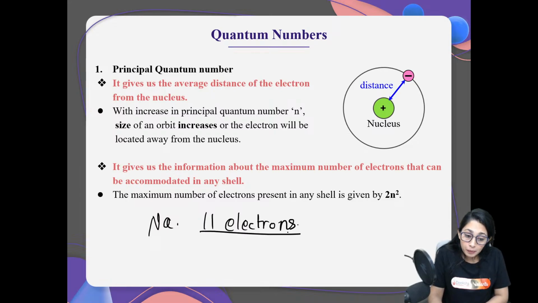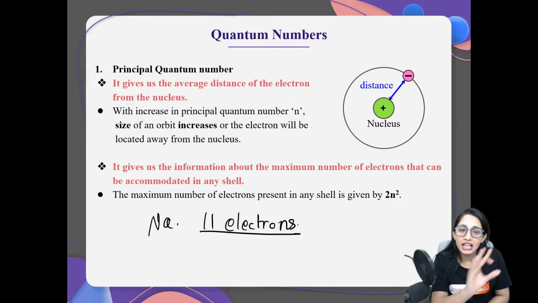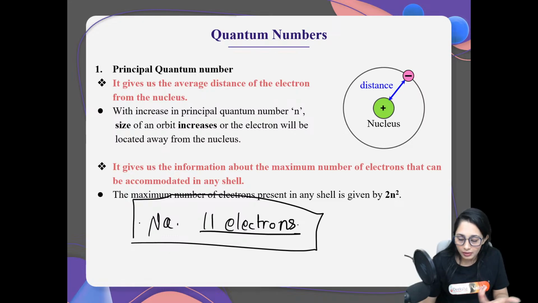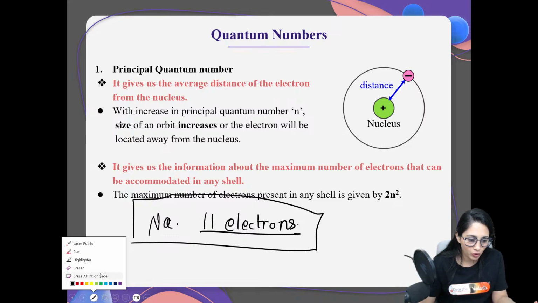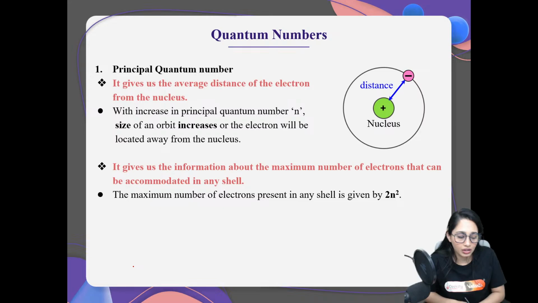In order to explain this using principal quantum number and everything, we need to know how to write the electronic configuration. We need to study everything and then we can explain this for respective elements. Otherwise we can't. Understood? We'll discuss all these things and we'll go on with the example.